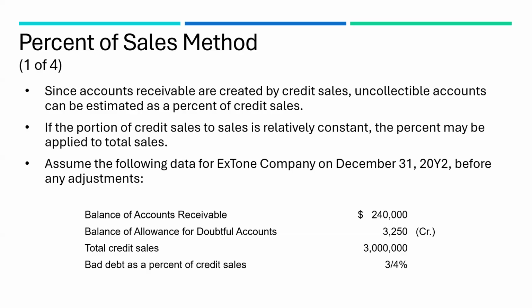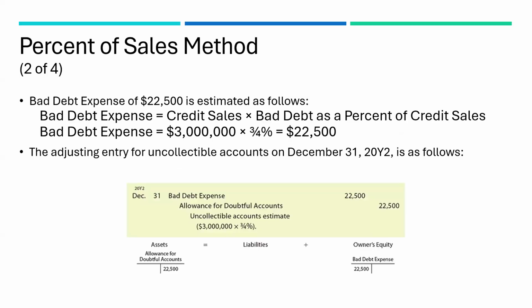And then we estimate that our bad debt expense is going to be 0.75% of the 3 million. It's just a simple multiplication to get our bad debt expense for the year of 22,500. And then we credit our allowance for that amount, and then we debit our bad debt expense for that amount.